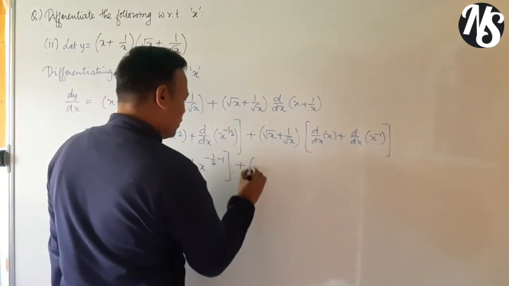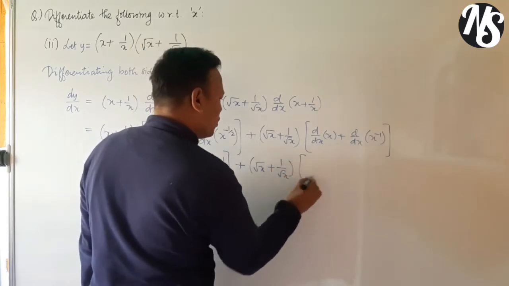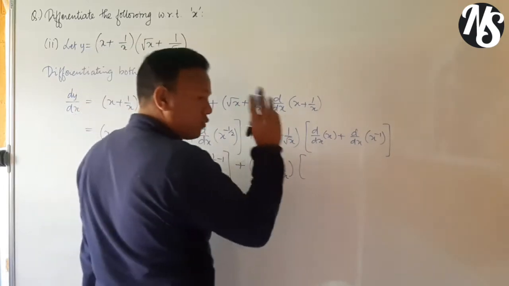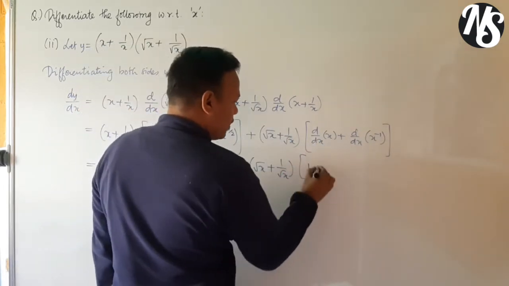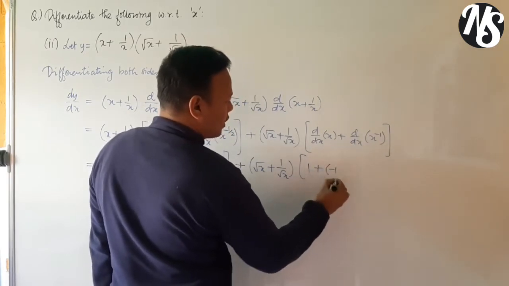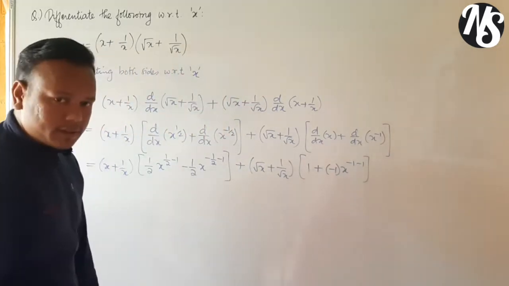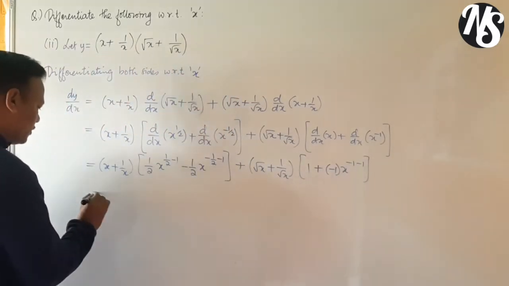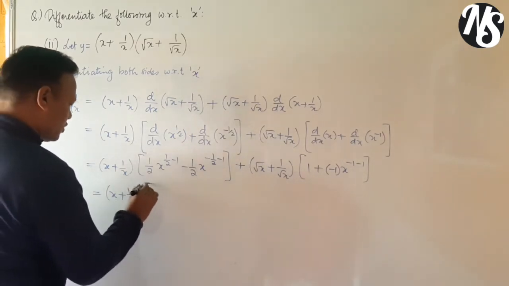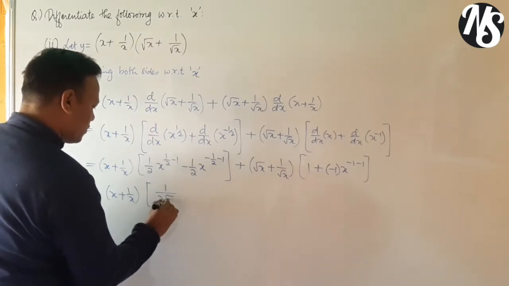Similarly we'll do the same with this as well. So this is root x plus 1 by root x. So differentiation of x, algebraic functions, go to the first formula, second formula in fact. So it will be 1. So see here carefully. n x to the power n minus 1. Okay, fine. Let's simplify this again. So x plus 1 by x is there. So this is how much? So this is half. So in fact this is this much, I guess.